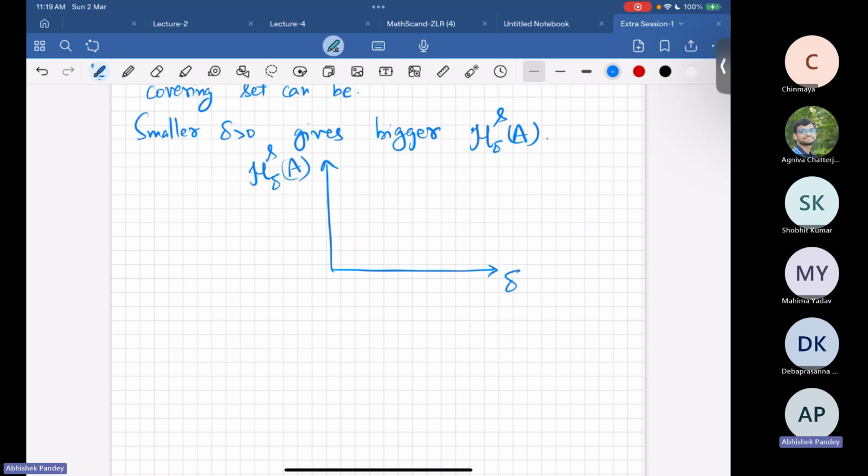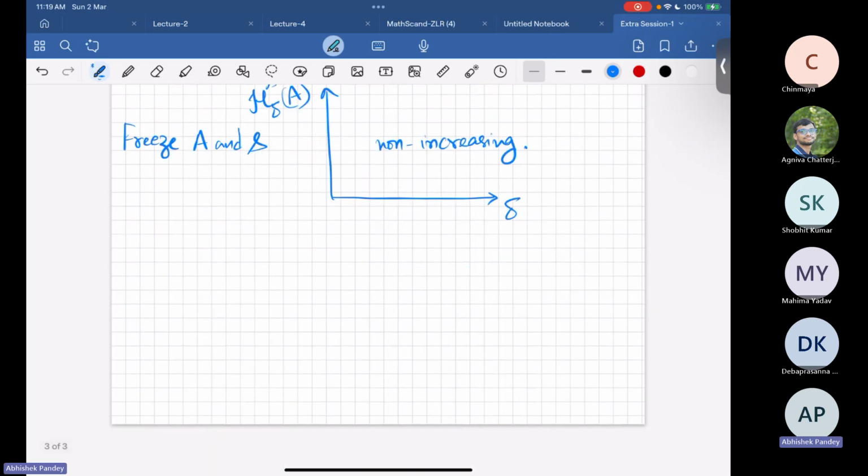Here let us freeze our A and s. So this graph will be non-increasing.